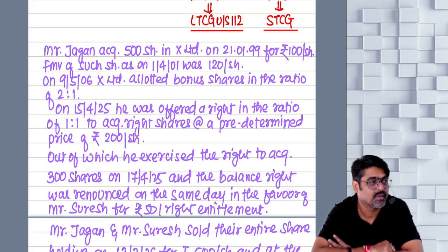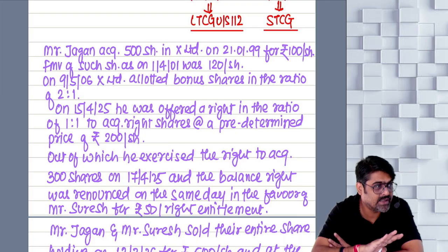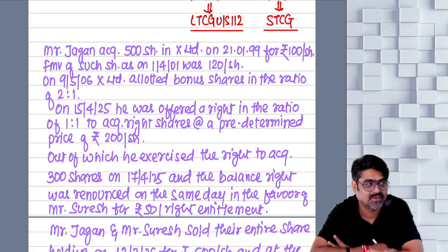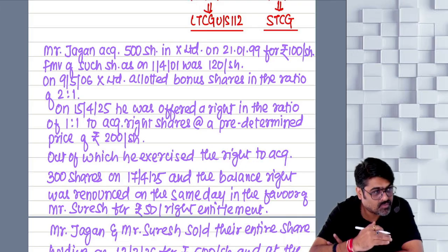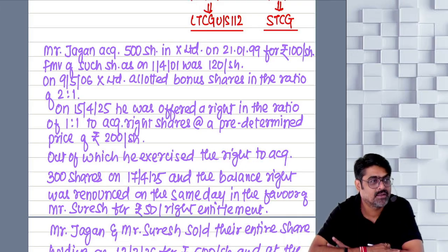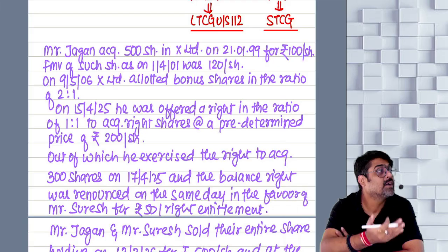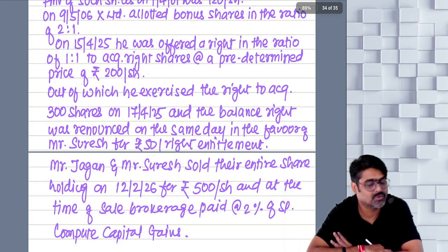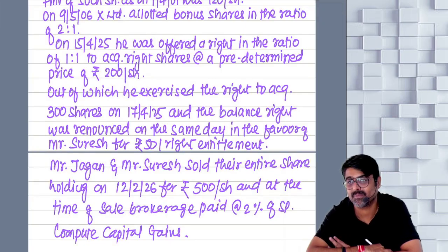Out of them, you exercised the right for acquiring only 300 shares. What about the balance right of 450 shares? Before the right expired, you renounced that right in favor of Mr. Suresh, who is not a shareholder of the company.